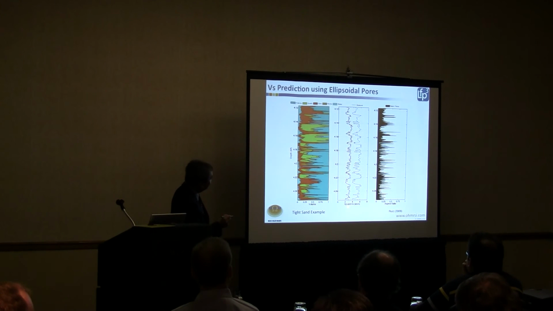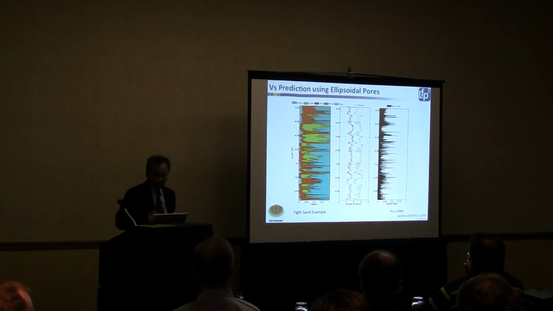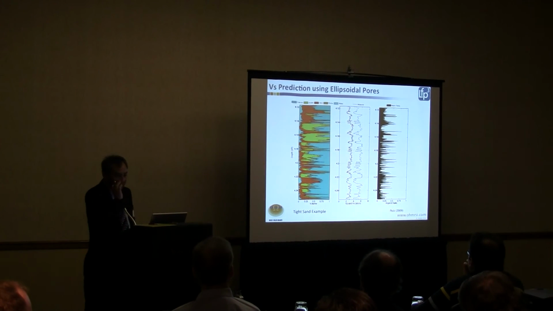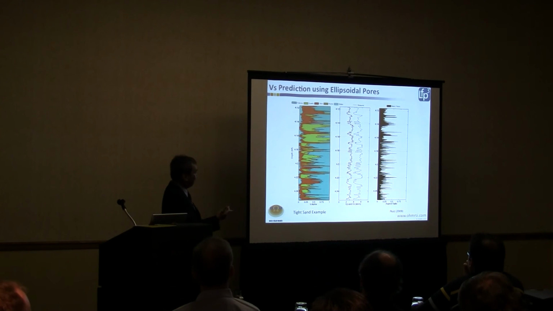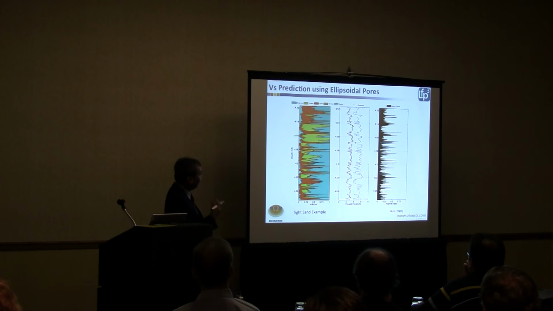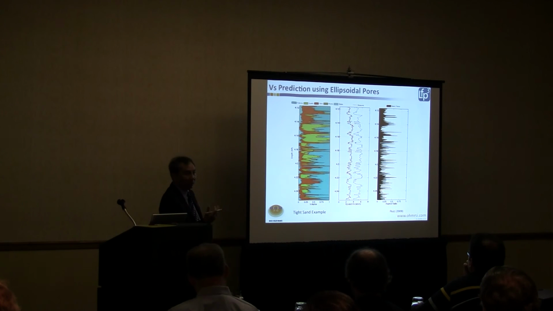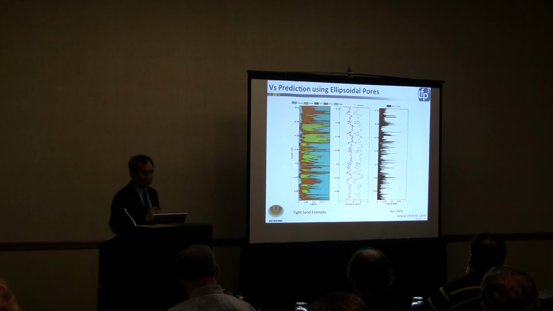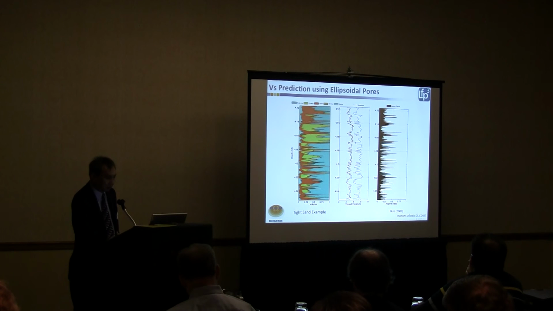And it actually predicts the shear wave pretty well in this particular case. So initially, this kind of procedure intuitively makes sense, but we need to really refine it and figure out where it works and where it doesn't work, and especially, as I said, regarding fluid substitution in gas.